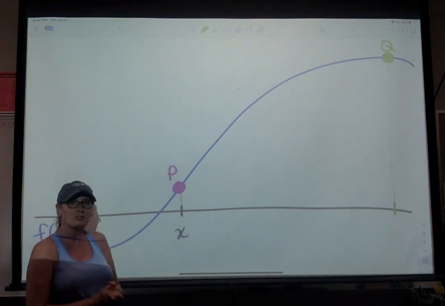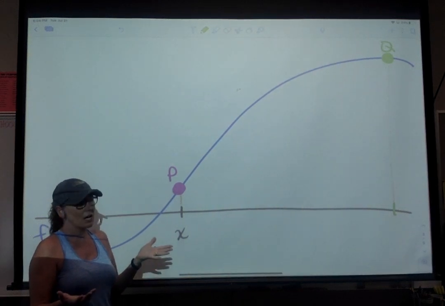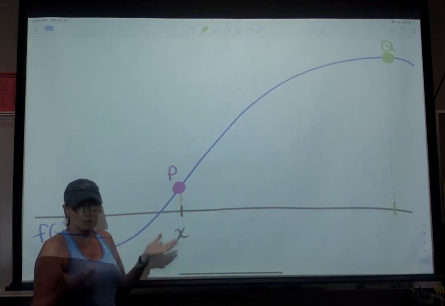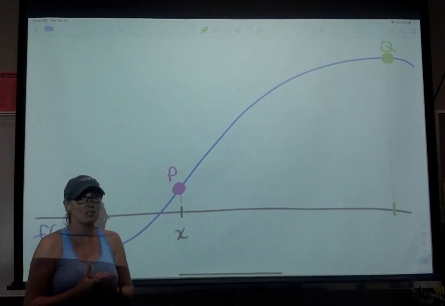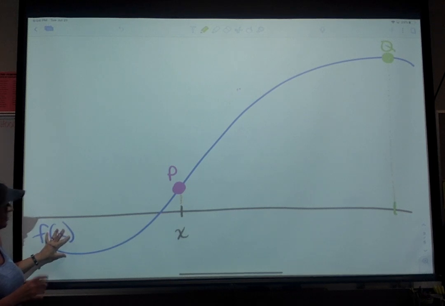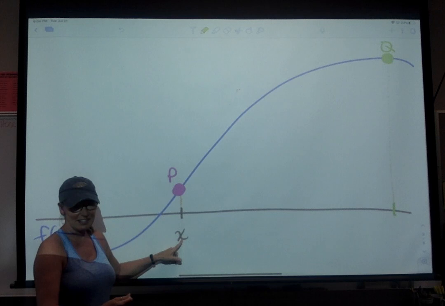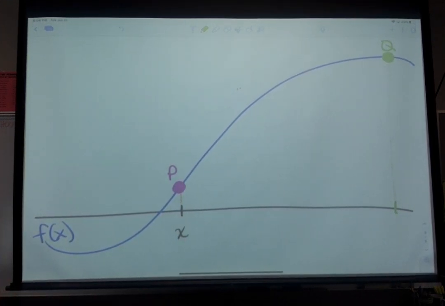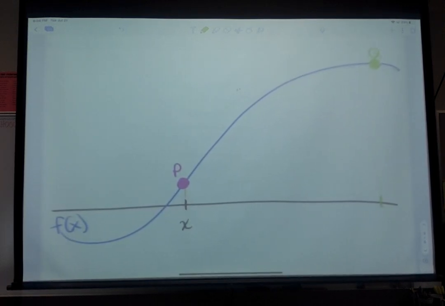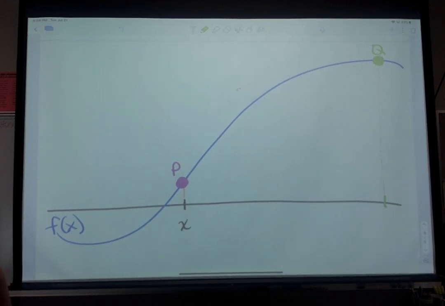What do you think I'm going to ask you to do with them? I'm going to ask you to find slope between the pink point and the green point. But I haven't given you the function equation. I haven't given you an x to plug in, like an actual number. I haven't given you any of that. Hang on, I lost my y-axis. Let me put my y-axis back up there.